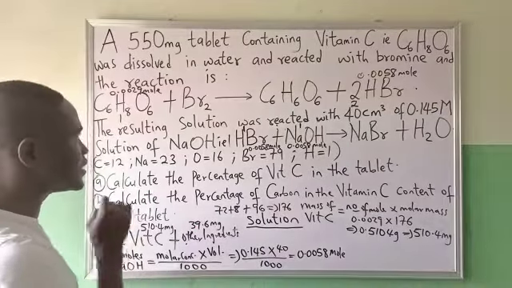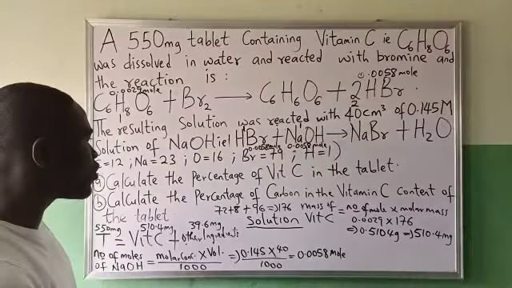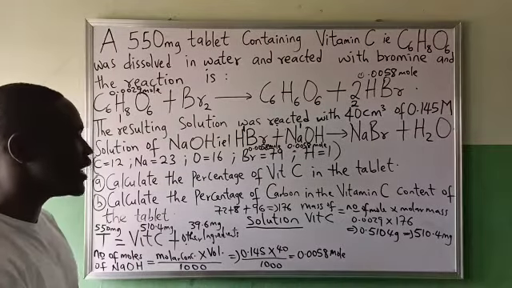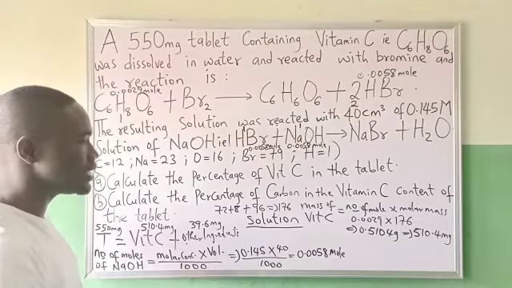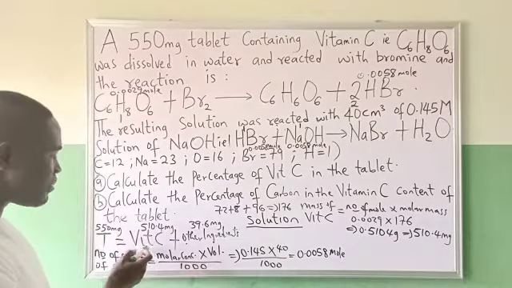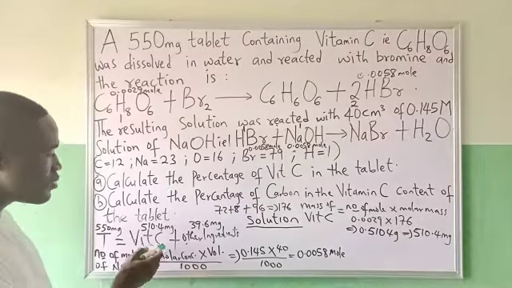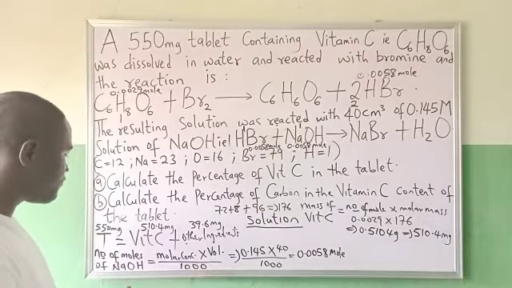So we have sorted this now, but the question is: calculate the percentage of vitamin C in the tablet. What is the mass of vitamin C in the tablet? 510. What is the total mass? 550.